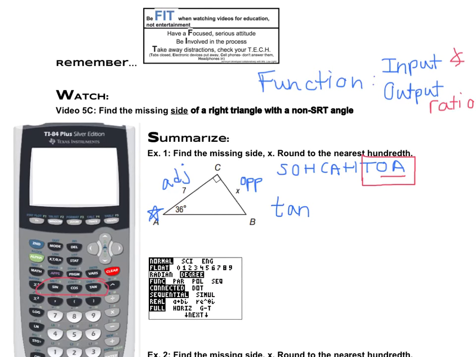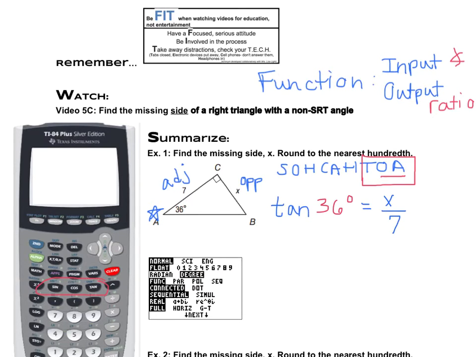So that's going to be tangent of 36 degrees. And then we know that that should be equal to the opposite over the adjacent is the tangent, and the opposite is my unknown x, and the adjacent is 7.